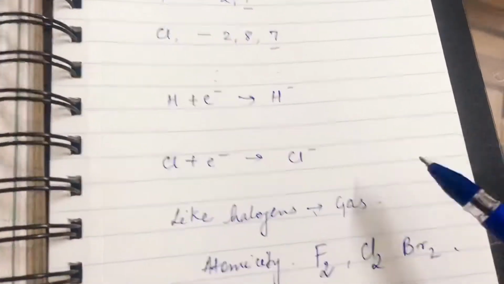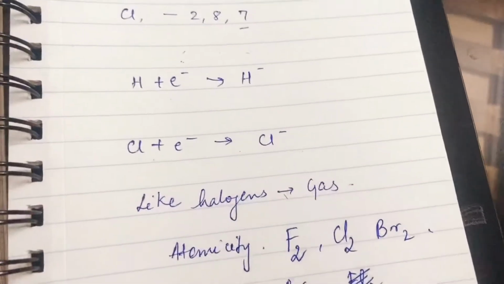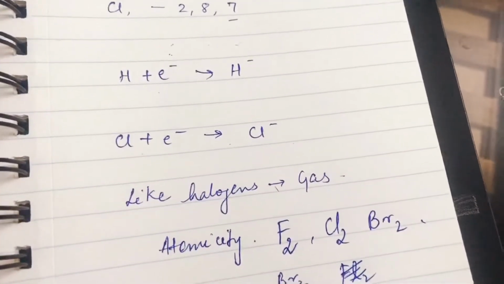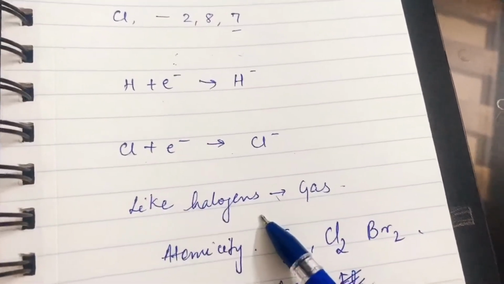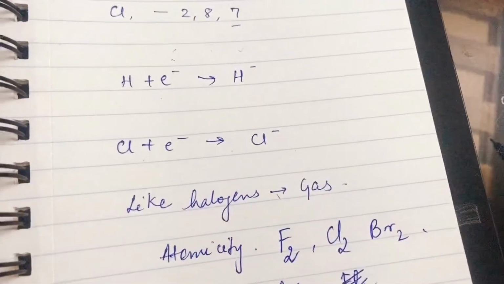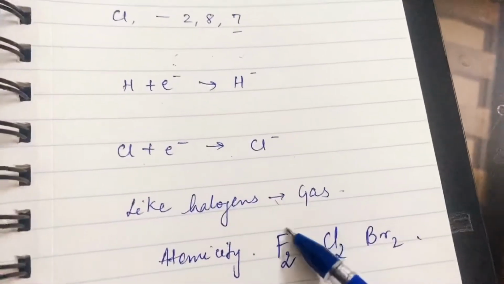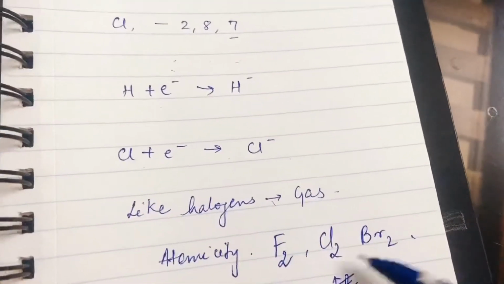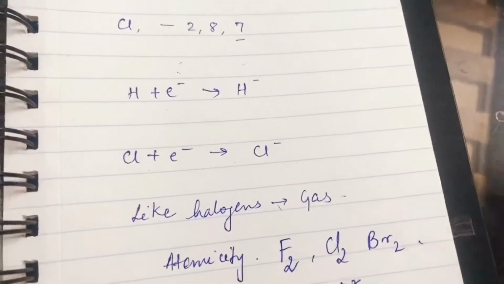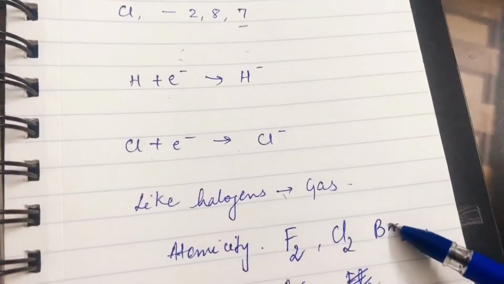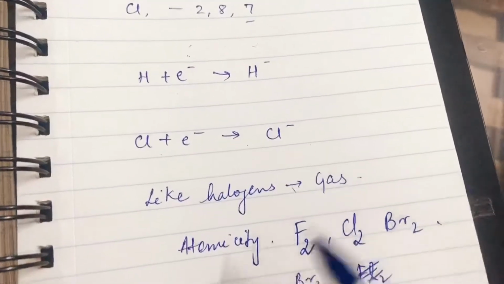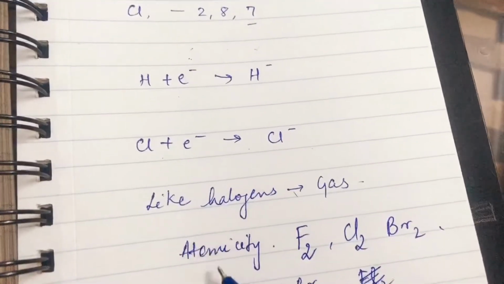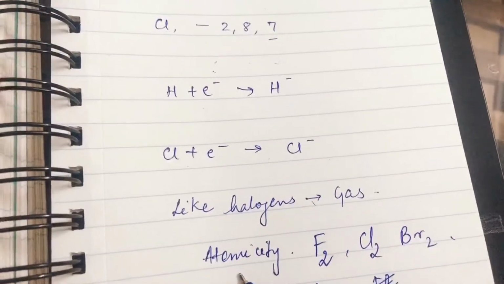The second point: just like halogens, hydrogen is also a gas. Fluorine is a gas, chlorine is a gas, bromine is not a gas, it's an exceptional case. Again, hydrogen is a gas. Atomicity, we have studied in class 9, students.